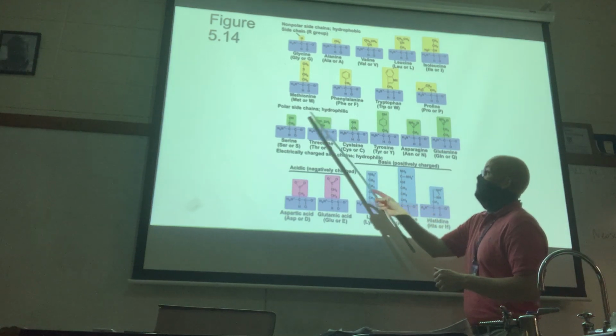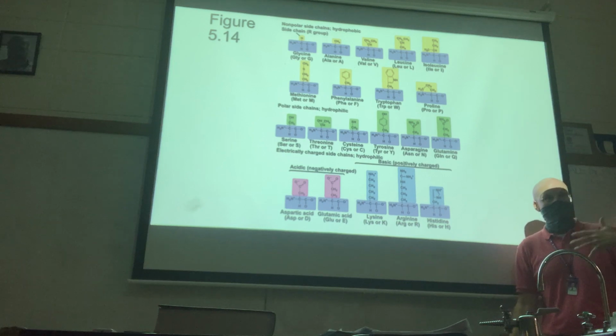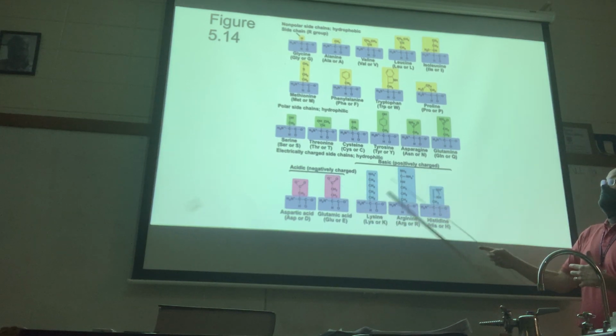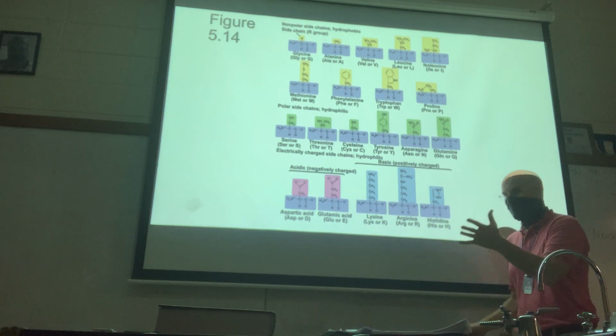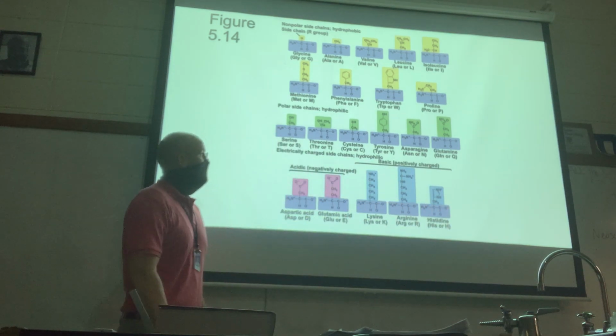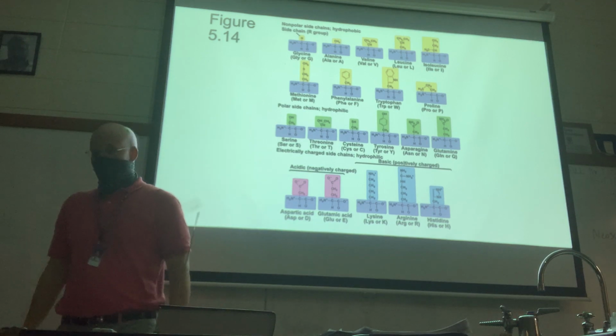Some of them are hydrophilic, so they have a water-attracting component. Some have positive or negative charges, which they indicate as being acidic or basic chemicals. So there's a lot of chemical diversity here.